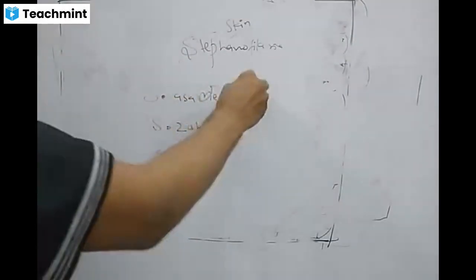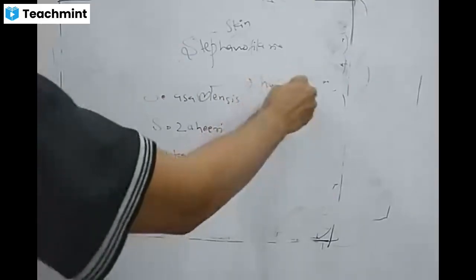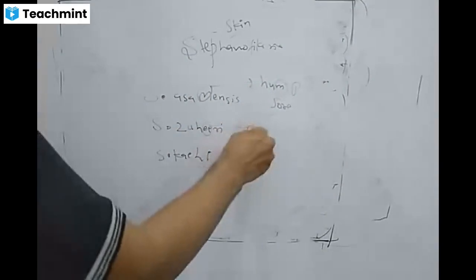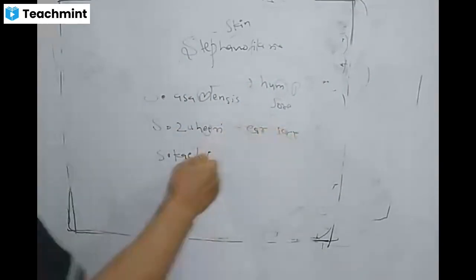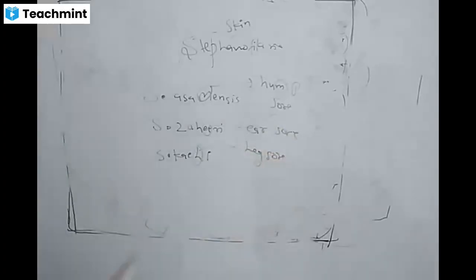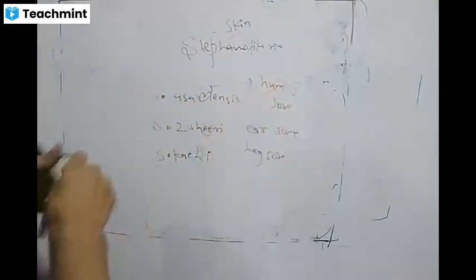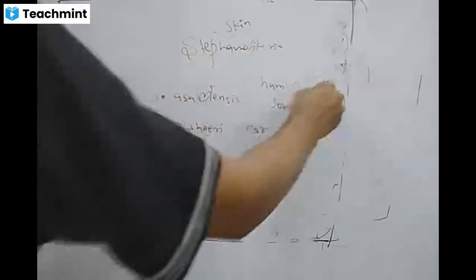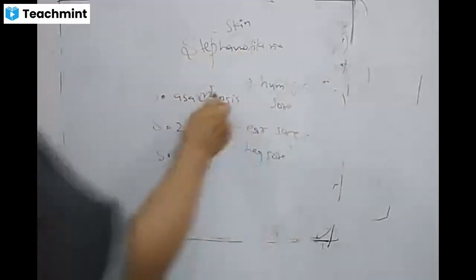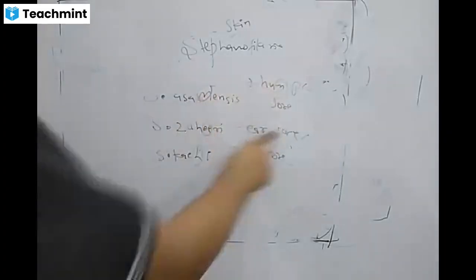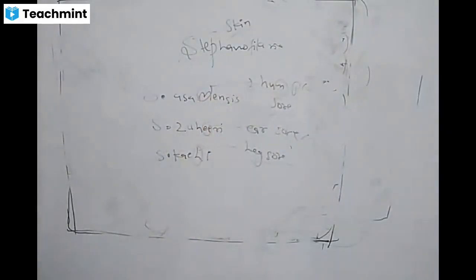So from the name you can remember HUMP, M for M, hump sore, E for E, that is ear sore, L for L, leg sore. So in match the following, or out of which of the following is known as hump sore, they can ask species of Stephanofilaria. So these are the MCQs asked with this parasite, which is known as hump sore, M for M, E for E, L for L. So very easy.